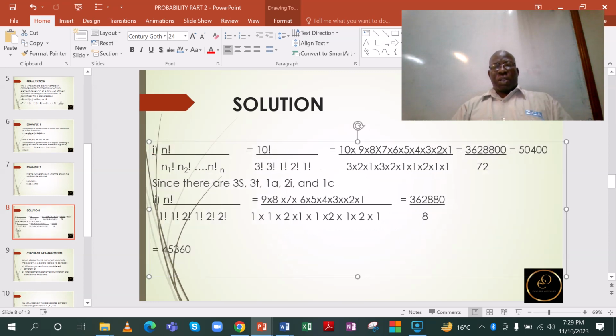So meaning that the numerator figures will be coming to a figure of 3,628,800. And then the bottom one, the denominator, when you multiply all this, will be 72. If you divide 72 into the numerator, you're going to have 50,400.